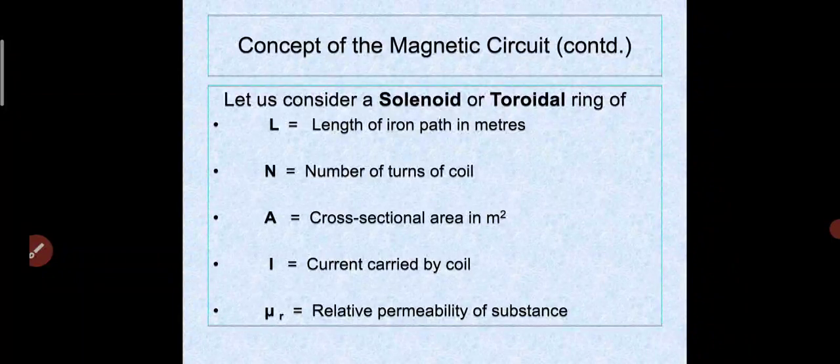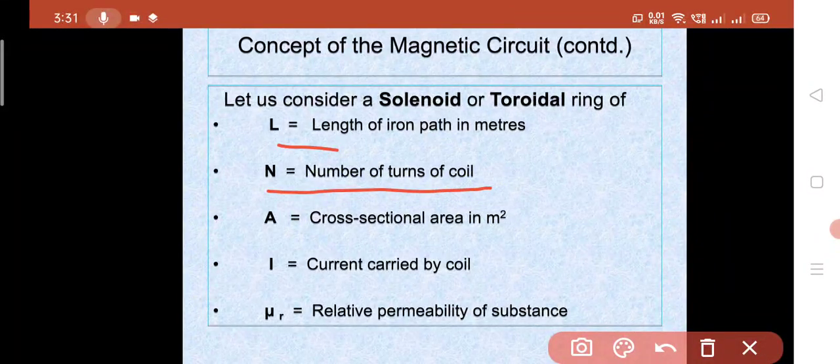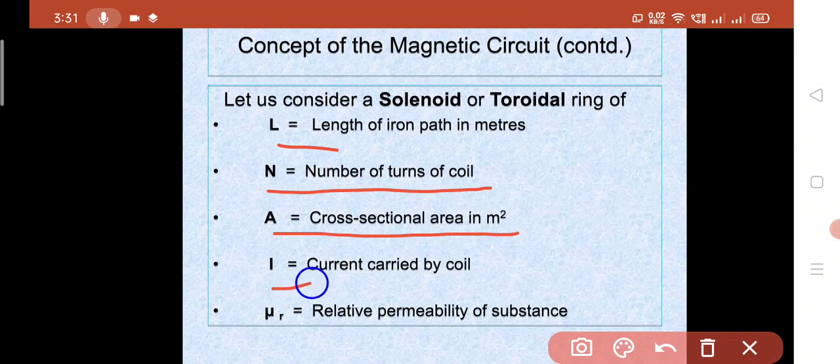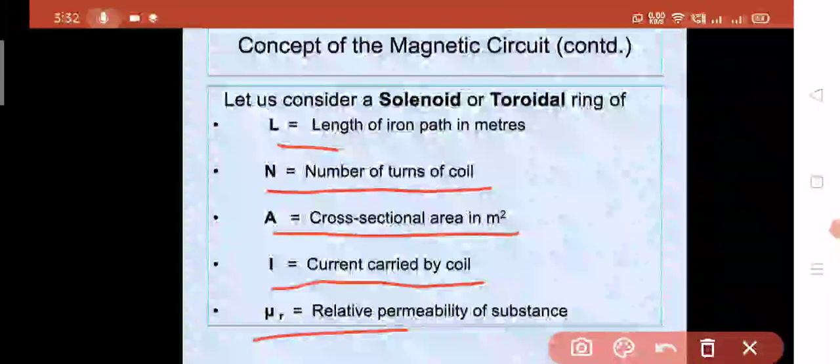L is length of the iron path in meters, N is number of turns of coil, A is the cross section area in meter square, I is the current carried by coil, mu r is relative permeability of substance.